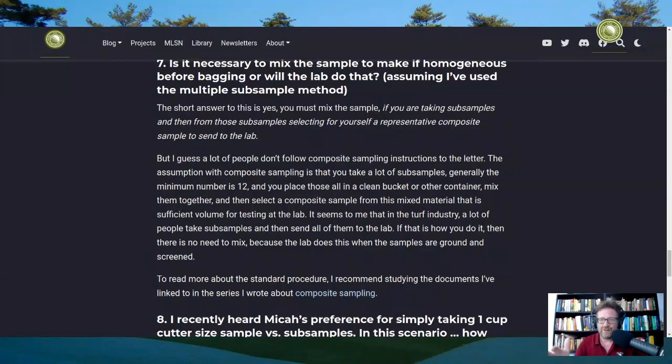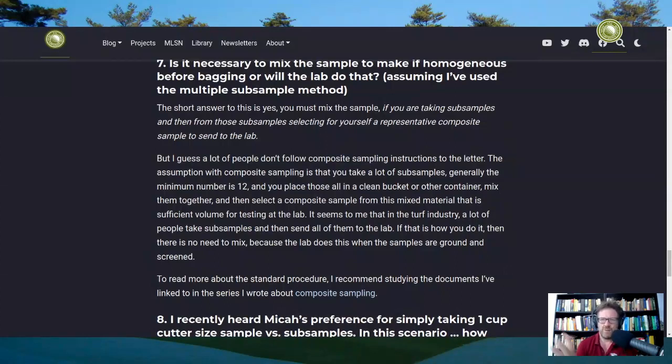And the next instruction in the fine print that I think a lot of people don't read is you're supposed to mix that together and homogenize it. And from that, you're then supposed to scoop out a sample that is the required sample submission size, which is usually about a pint, or something like 200 or 250 cubic centimeters volume of material.